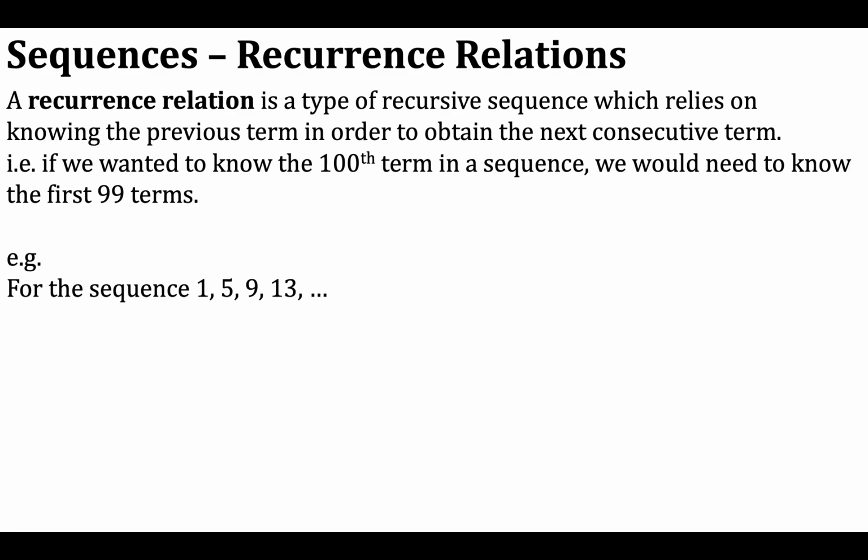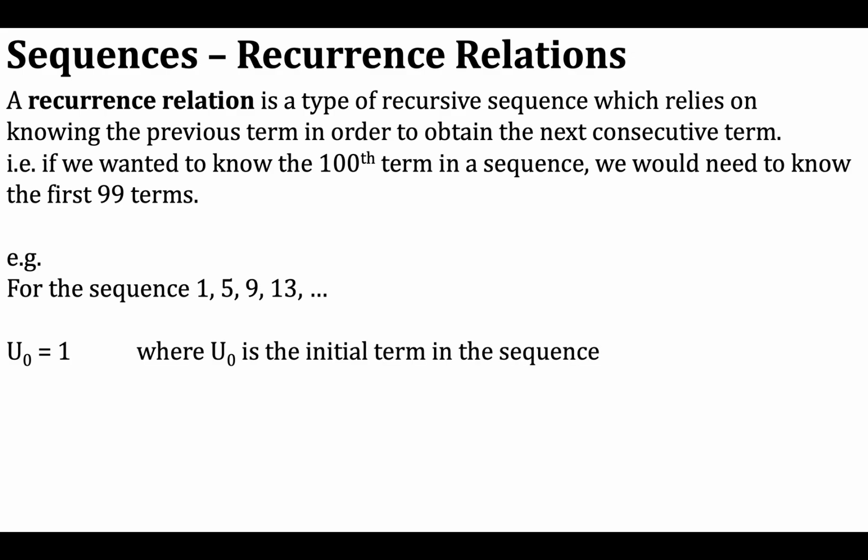So, for the sequence 1, 5, 9, 13, we can see that u0 is equal to 1. Now u0, we've not referred to this yet, is the initial value in a sequence.